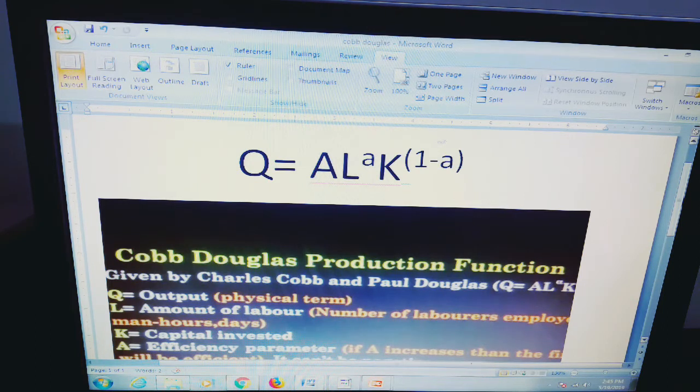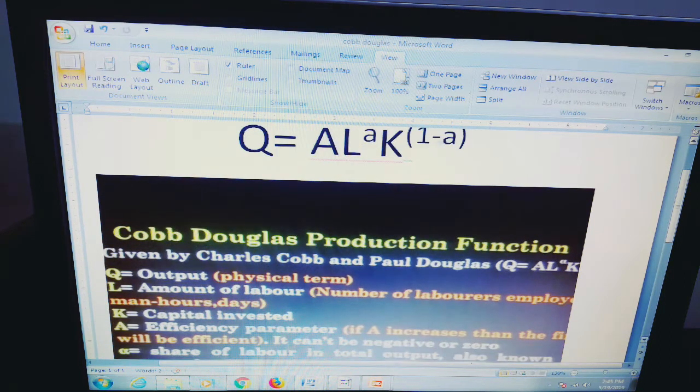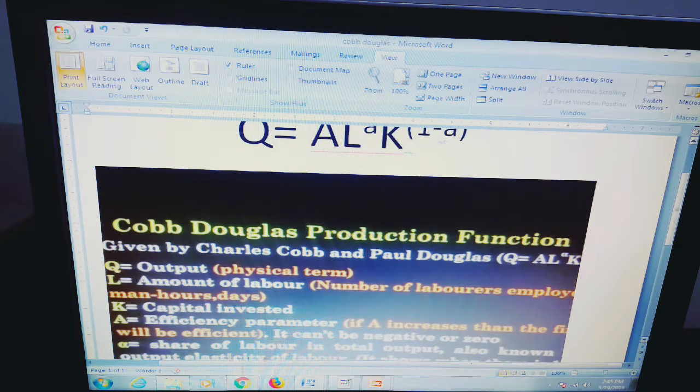Okay, that's the big question here. The quantity here is dependent on two things. One is L, which is labor. Obviously, in a firm, the number of units that you will produce will depend upon the number of laborers that you have. So, labor, that's the first thing.